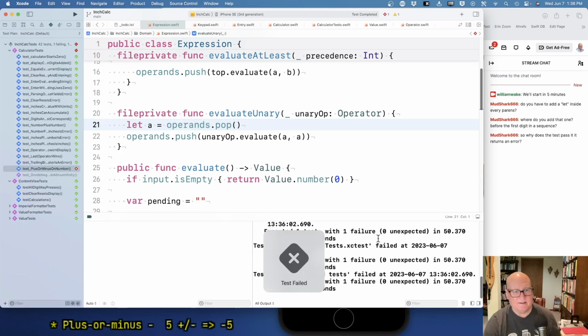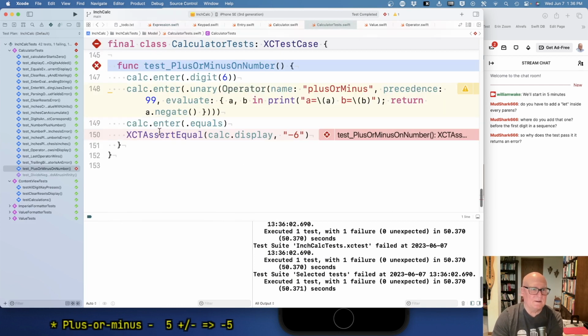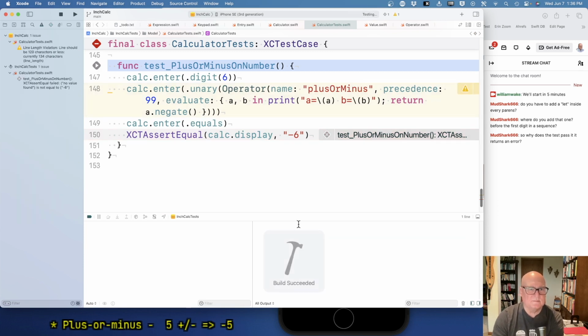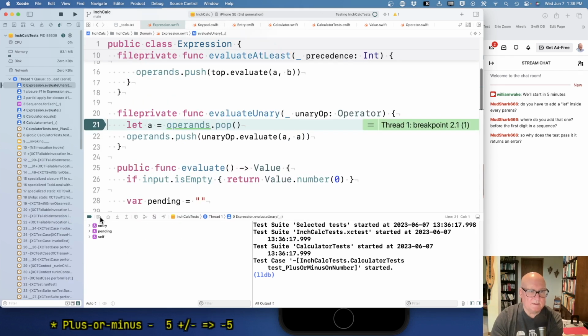Oh, man. Unary op.evaluate. Well, let's break here again. Okay, so skip this one. All right, now we have a unary op. We'll continue. Okay. So the operand stack should look right.